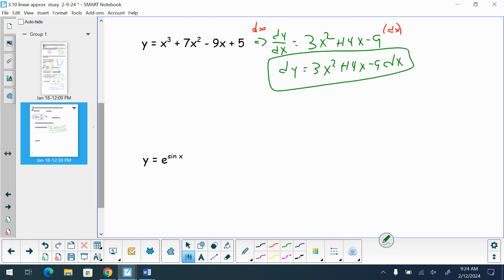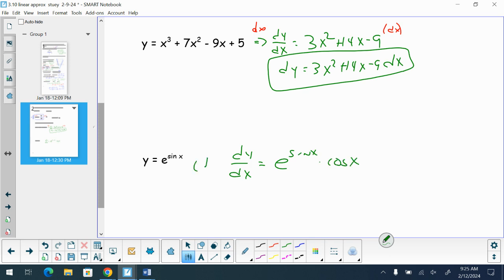So if we take a look at y equals e to the sine of x, I want to determine what dy is. We first find dy dx, the derivative of y with respect to x, and then at that point, just multiply both sides by dx. Justin, what's our derivative? e to the sine x times cosine x.